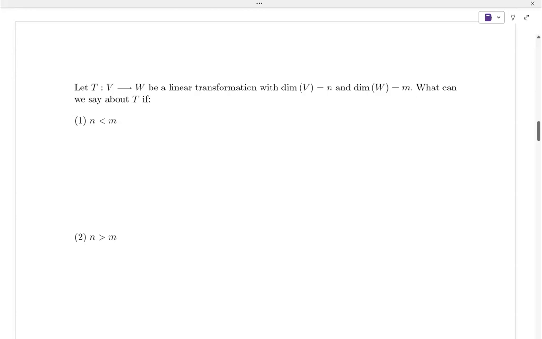That's what I want to ask with these questions. If your domain space has a smaller dimension than your codomain space, it cannot be onto, right? But it might be 1 to 1.